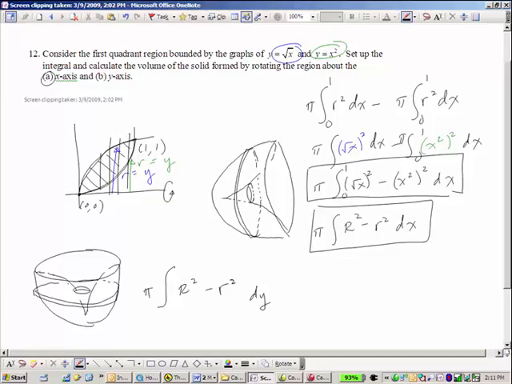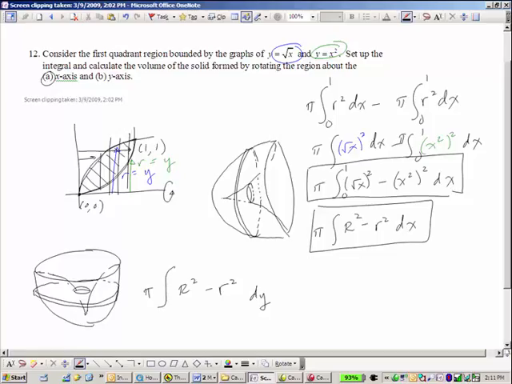If you imagine it spinning, you see there's a space between the y-axis and the function. It would be empty in the middle.